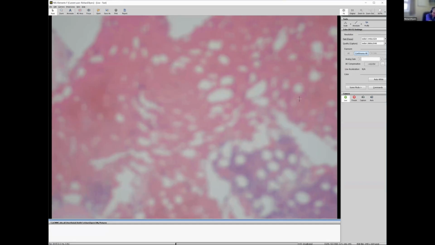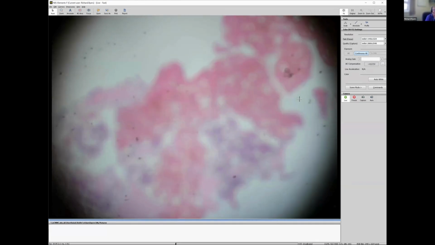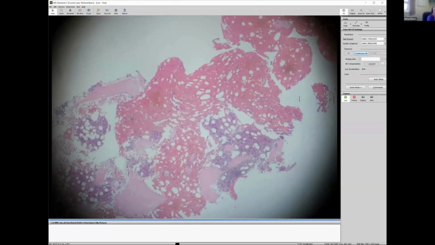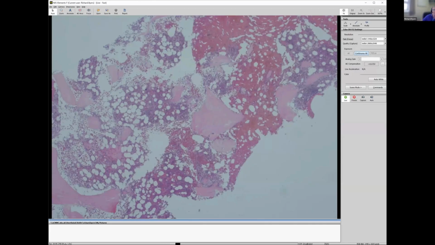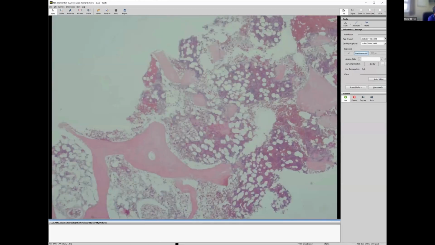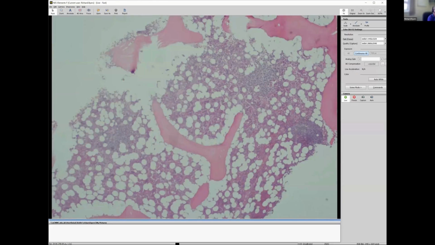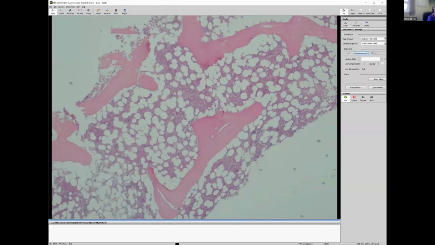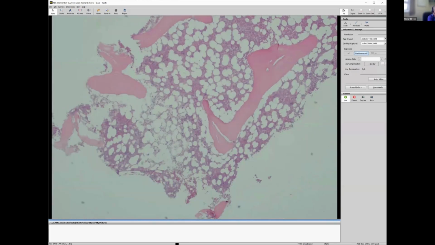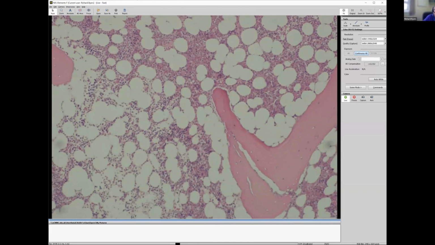So this was an interesting case. Patient has cutaneous mastocytosis, dermatologically proven, and a bit of a scrappy biopsy. Normocellular.